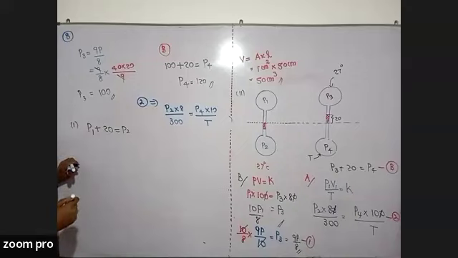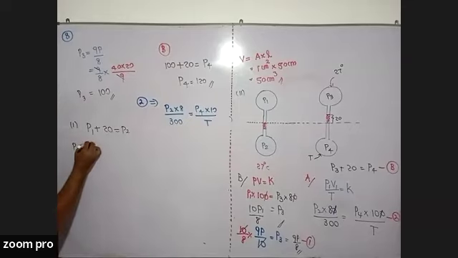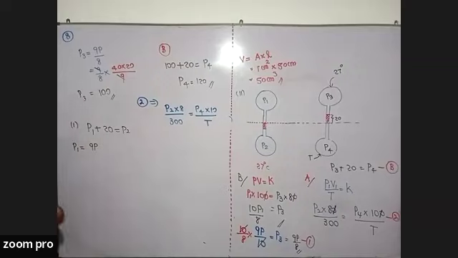Then at the first question we derived that P1 is equal to 9P over 10, right?